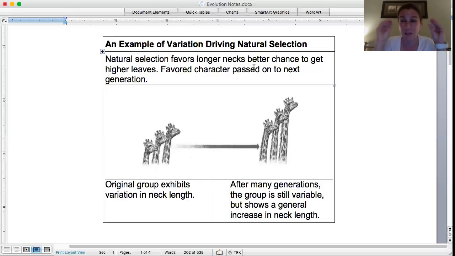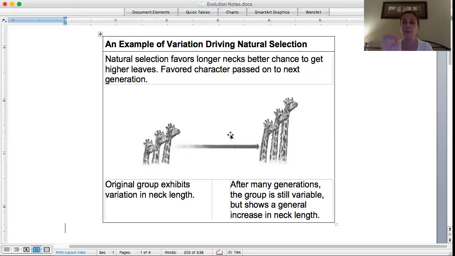Remember, the key message here is they're surviving and reproducing. So that's what you see here in this picture. The necks were shorter initially, and then over thousands of years, slowly the necks got longer, not because they were stretching. There was a scientist, Lamarck, who thought that; he was wrong.